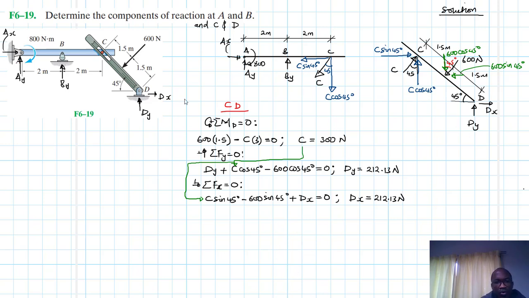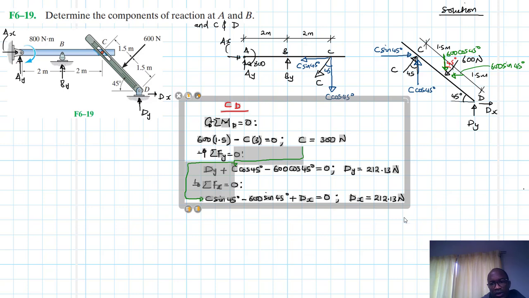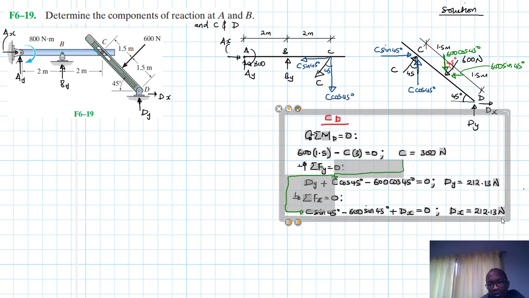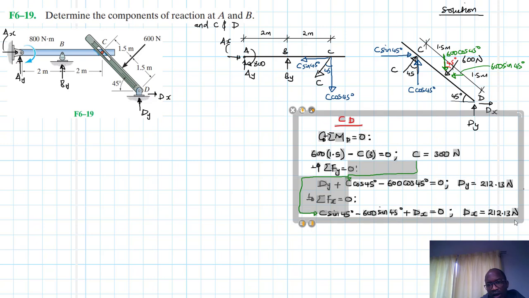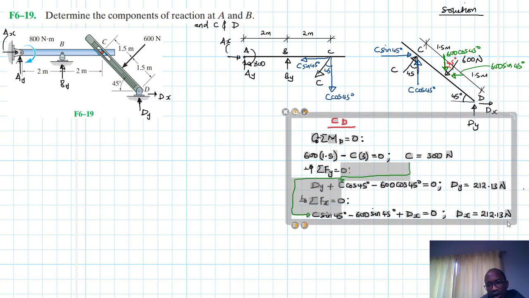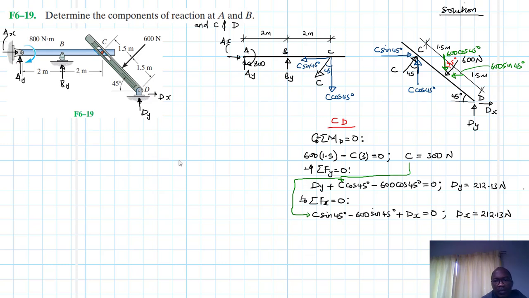So we need to now move on to the other part. Let me just move this a little bit, maybe there, so that I have some space. Let me just create a boundary here. So let me replace these values here. dy is 212.13, dx is 212.13, and then c, we calculated it.